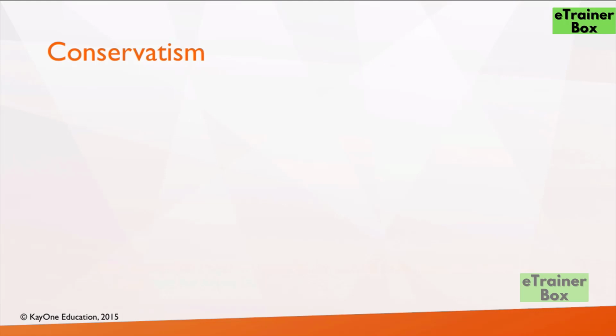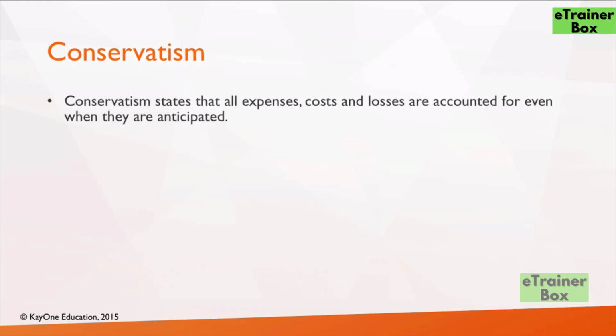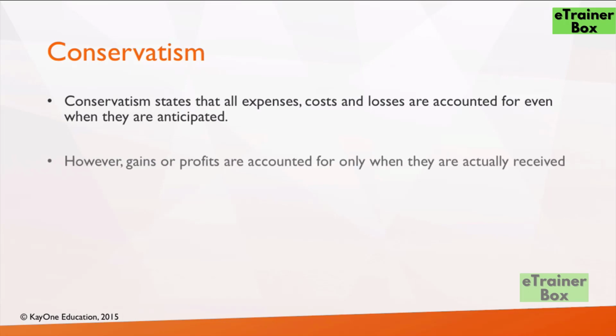Next principle is called conservatism. Conservatism states that all expenses and costs are accounted for as and when they are anticipated. On the other hand, gains and profits are accounted only when they are actually received. So let me give you an example. Let's assume that you are likely to make a loss in a transaction.